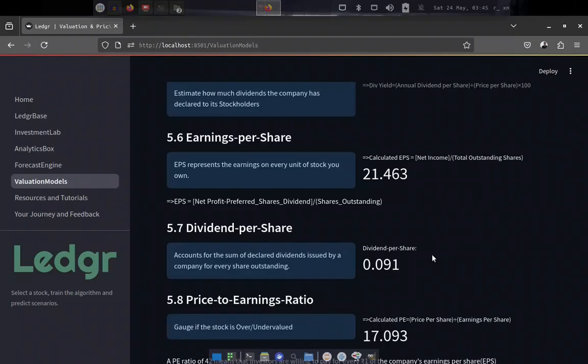So for every share issued to the customer, you get 0.091 units in terms of dividends.